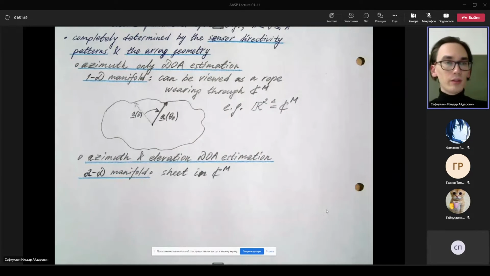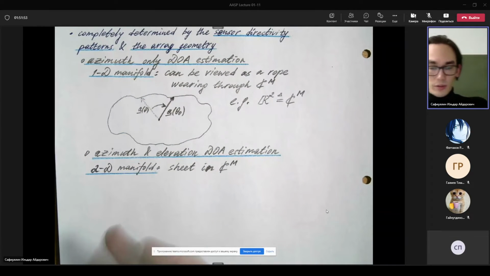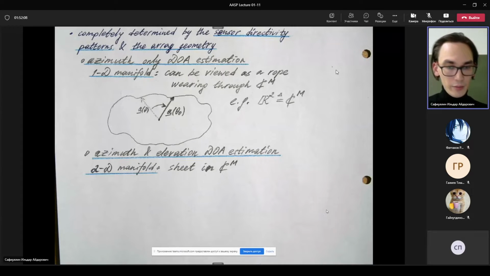So it is really hard to show and really hard to imagine all these things in the head. Okay, this part is for array manifold.